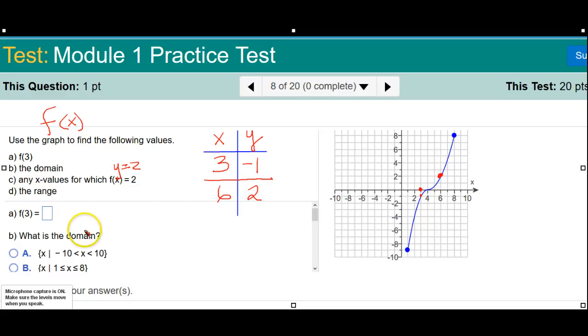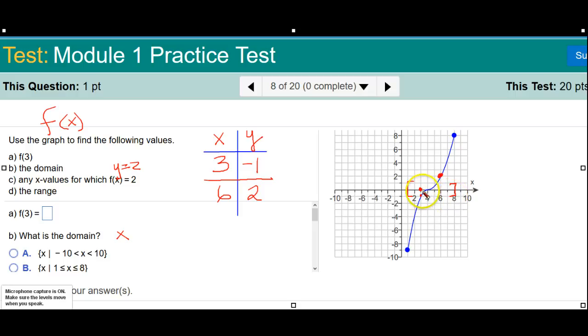Okay, and they're then going to ask us for what is the domain. Domain are our x values. So we move this up to the x line and put a bracket there. That will be a 1. Drop this down to the x value, and that is an 8.